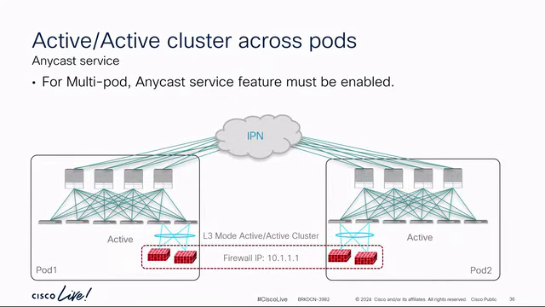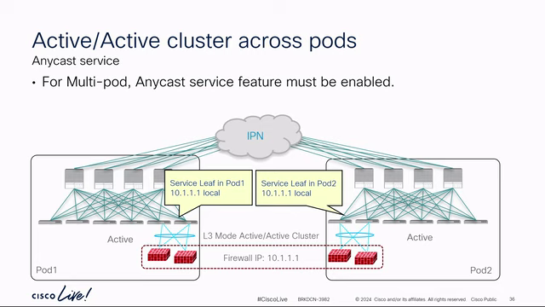That said, you can connect firewalls in the different location if it's multi-pod. As long as it's one location per pod, you can distribute the firewalls in different locations. By default, both of the service leaf gonna notify that 10.1.1 is under me.